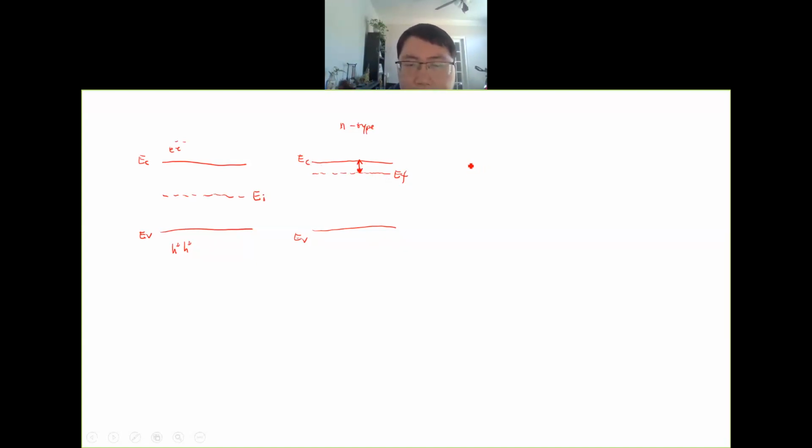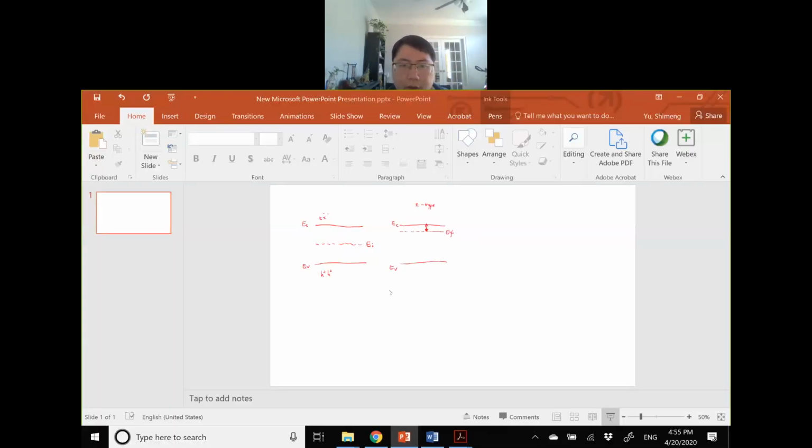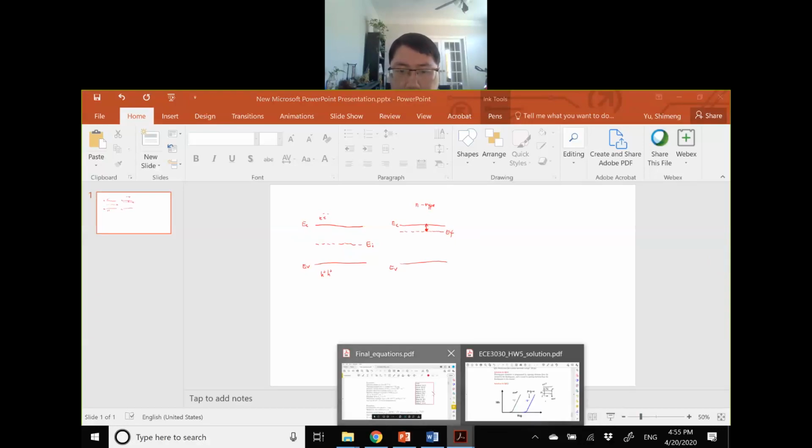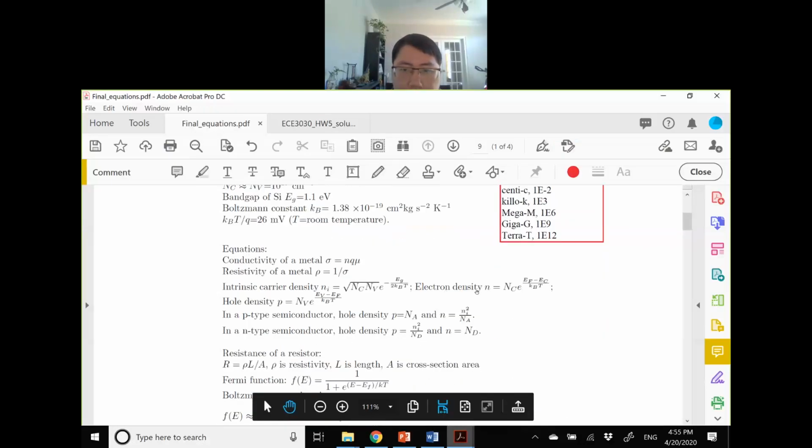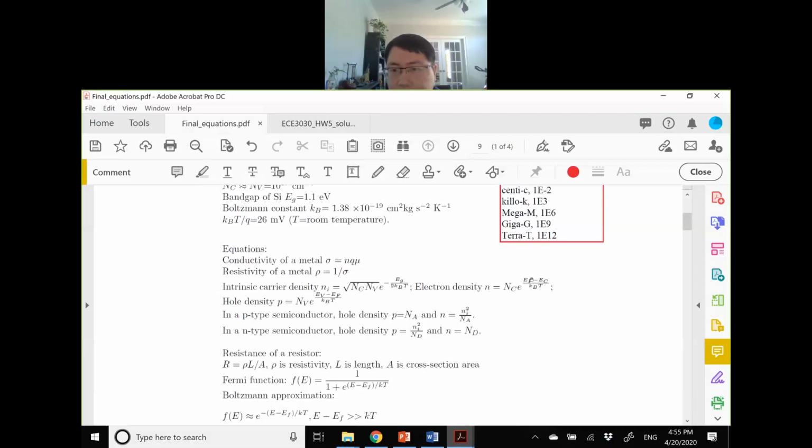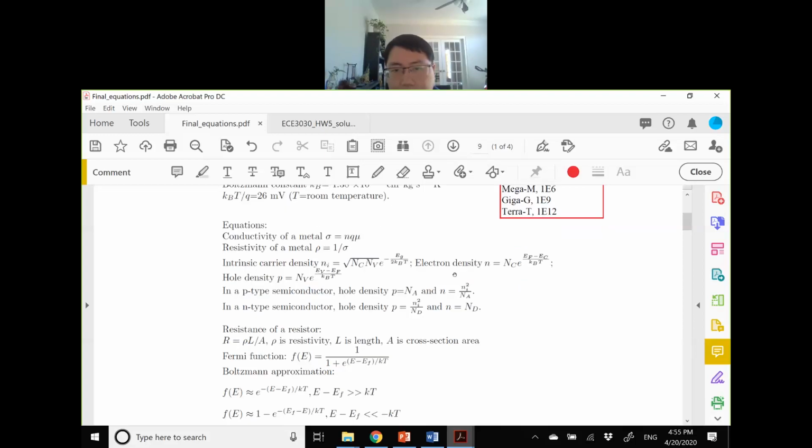And this distance can be calculated from the equations we have here. This one, if you know the distance EF minus EC, you can calculate the electron density. Or if you know the electron density, then you can back calculate the EF minus EC. But typically, the electron density will be known first.